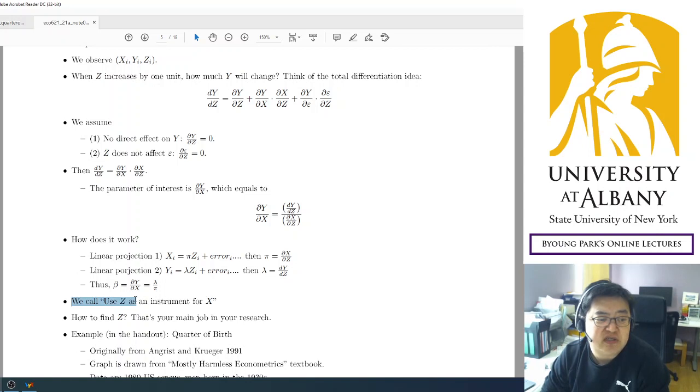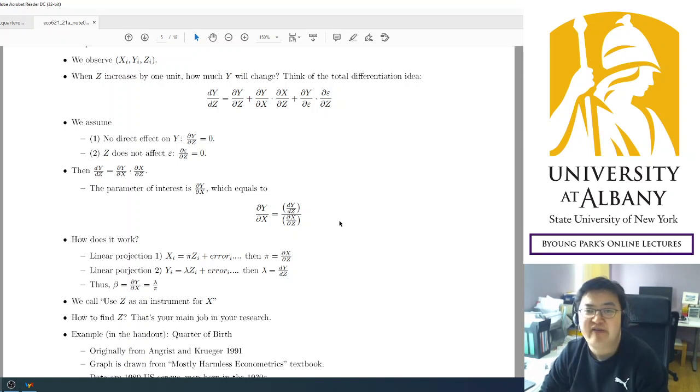Commonly we just say we use Z, the new variable, as an instrument for X, an instrumental variable for X. Or casually, we say X is instrumented by Z, or Z is an instrument for X. That's the same thing. So the new variable is referred to as the instrumental variable.